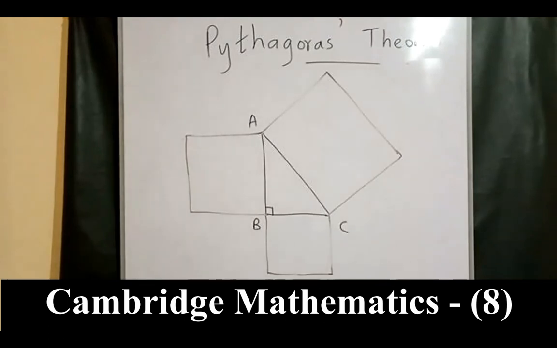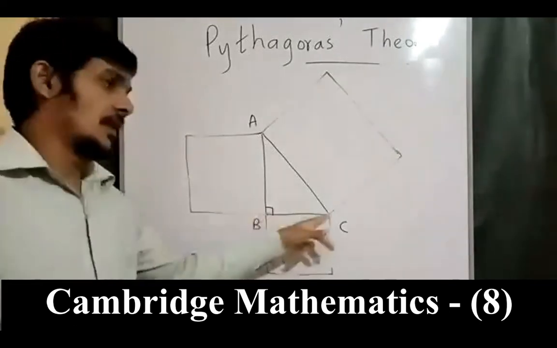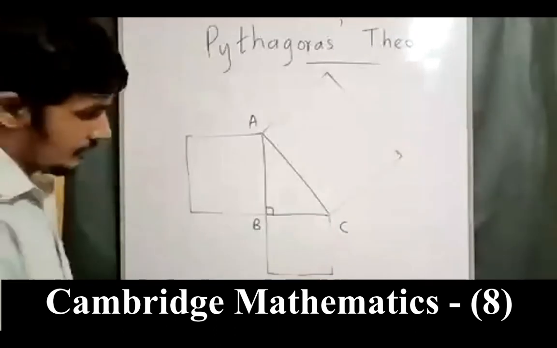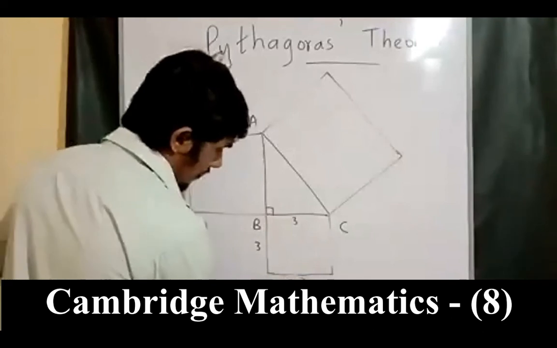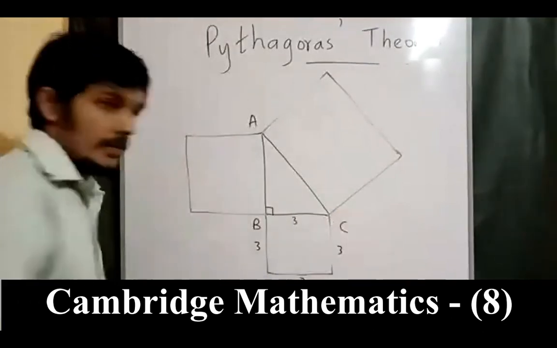So what I have done is, I have a right angle triangle ABC, and I have drawn three squares on each side of the triangle. If this side has a length of 3, this is also 3, 3, 3, like that.